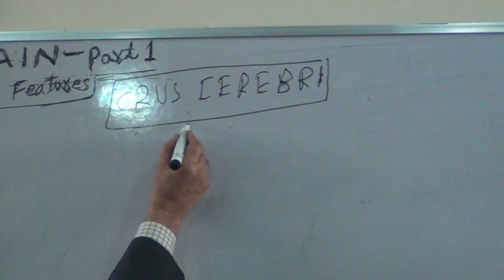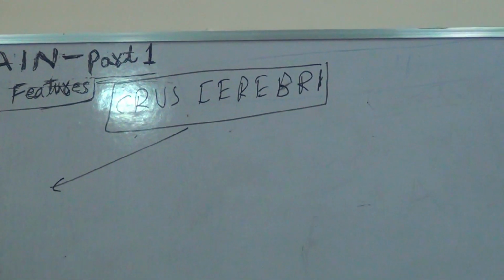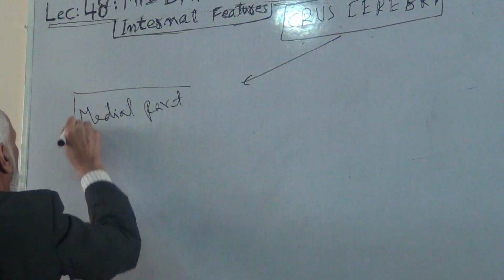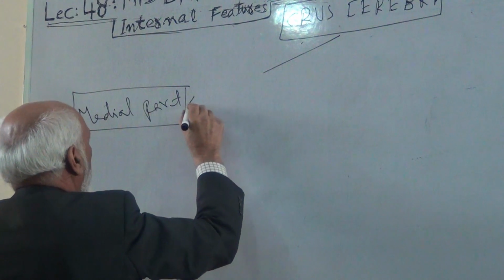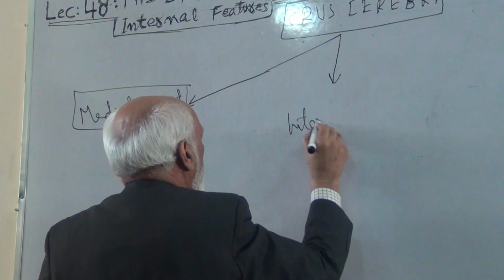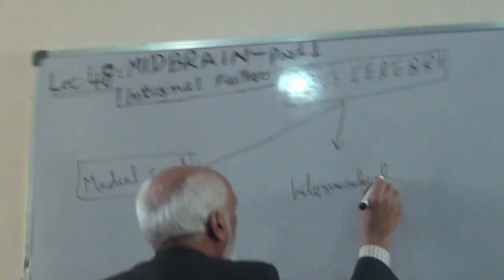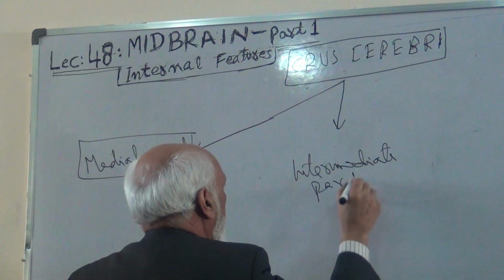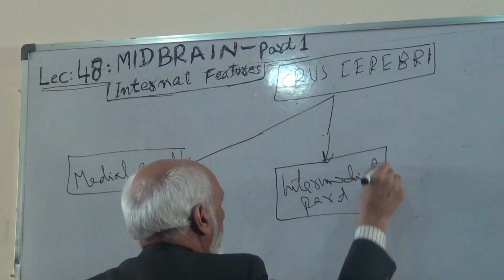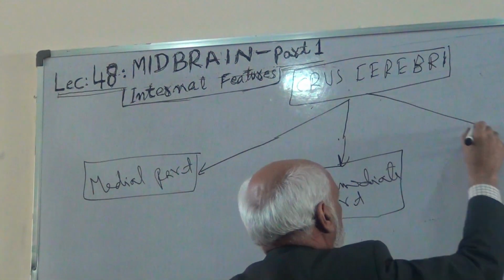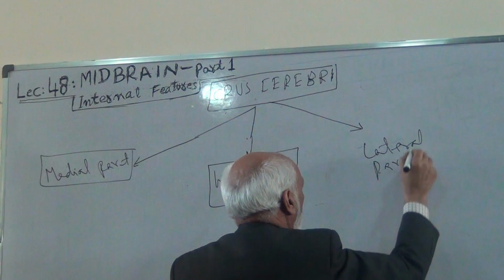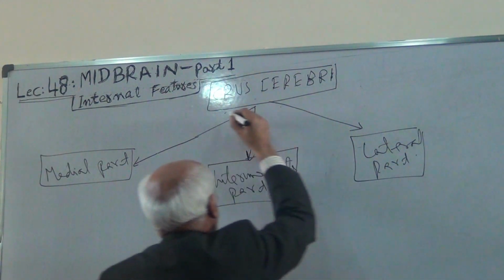Now the medial part, then the intermediate part, and this is the lateral part of crus cerebri.